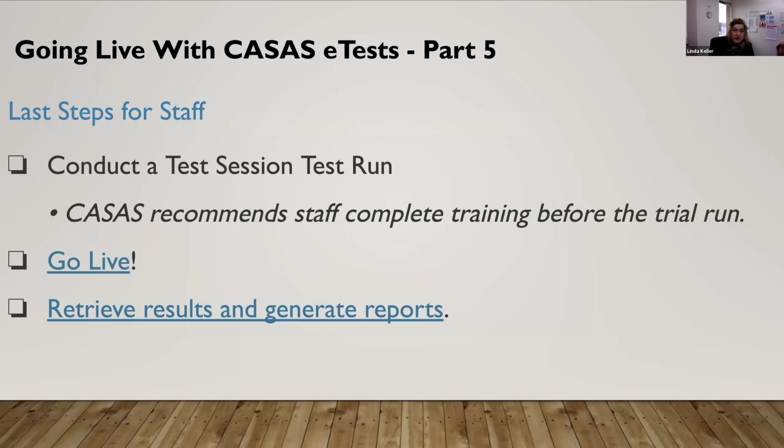So the last step that I suggest is to start small. If you've got an enrollment test session and you have 1 or 2 people scheduled, try it with 1 or 2 people. We did different troubleshooting with staff. We created some fake student records, just like the SID team has.